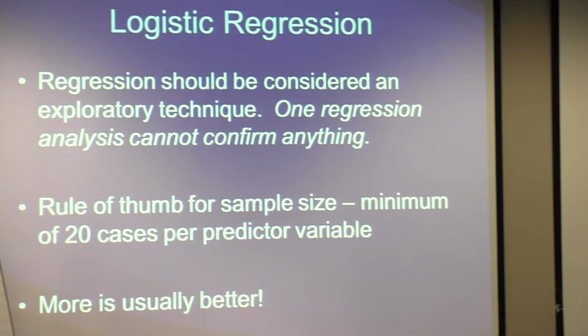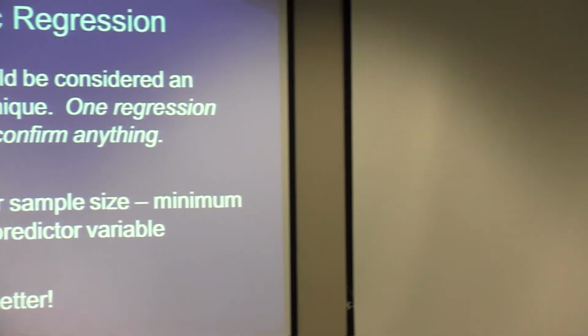Which leads me to the next point. Regression should always be considered an exploratory technique in any kind of regression, not just logistic. One regression analysis by itself doesn't confirm anything. We use language like predict, but really just from doing one analysis, we're not at that level of certainty where we can feel that we know exactly what's going on and what's causing something.